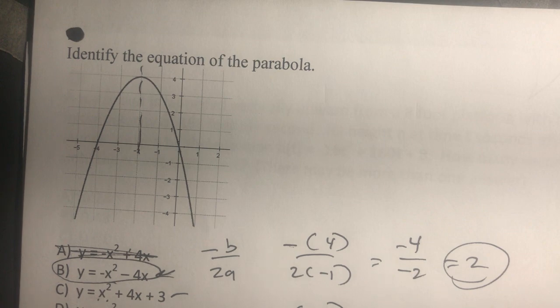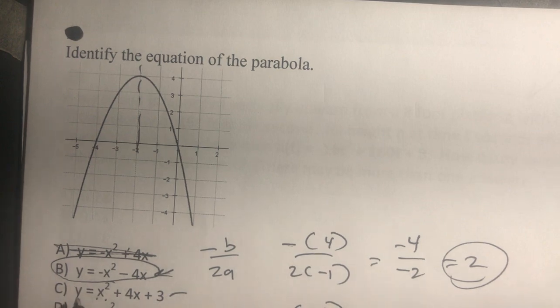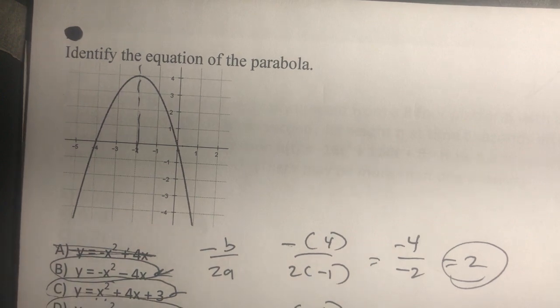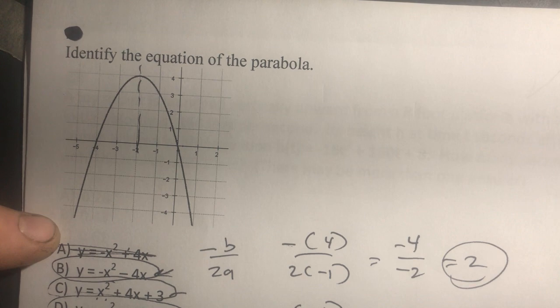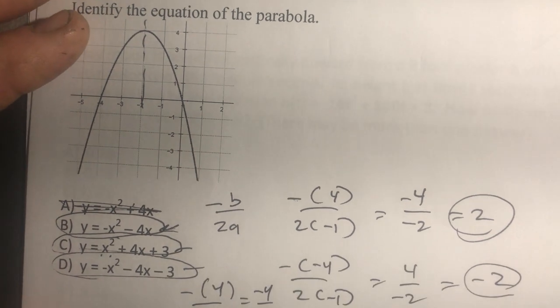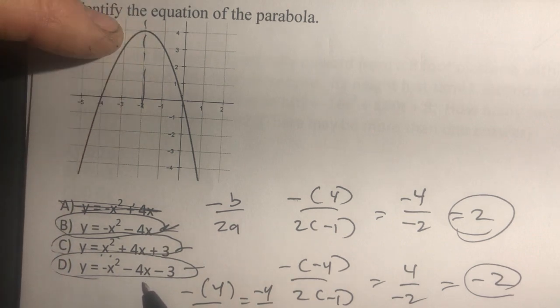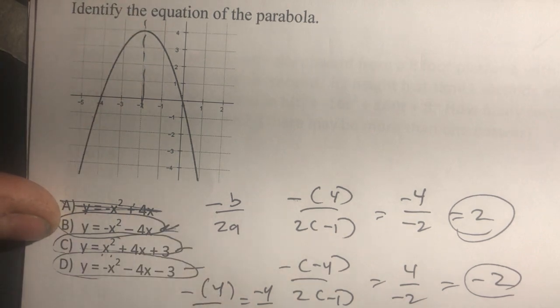So all 3 of these have the same axis of symmetry. This first one didn't, but these 3 do. Oops, let me get it on the screen a little bit. So all 3 of these have the exact same axis of symmetry, but they don't have the same vertex.